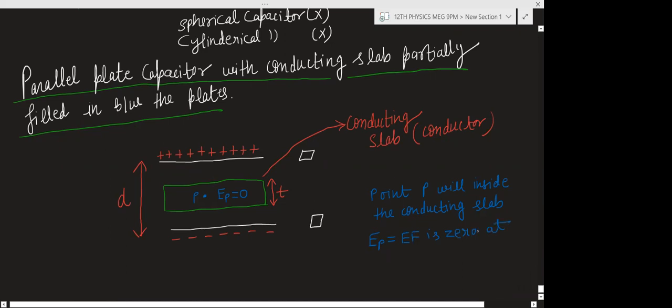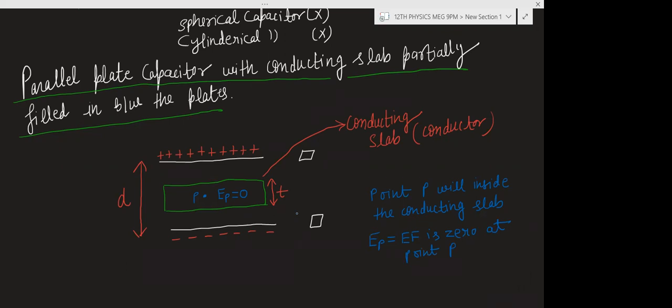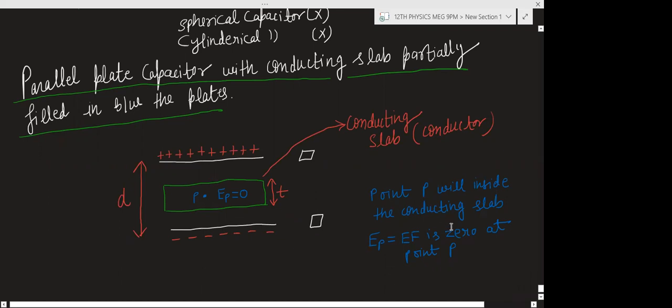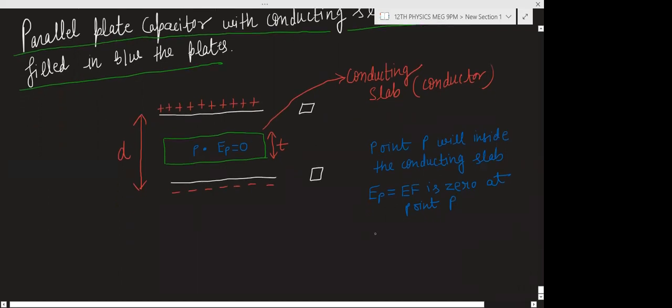So at point P it is 0, which means the electric field inside the whole of the conductor is 0. So you can write here, the electric field inside the conductor is 0.